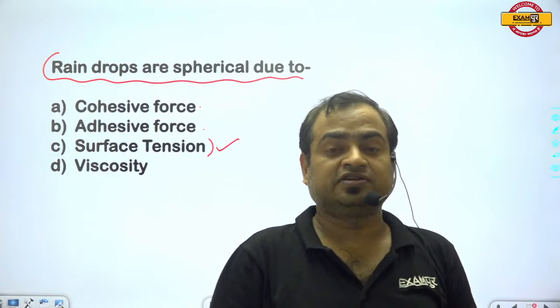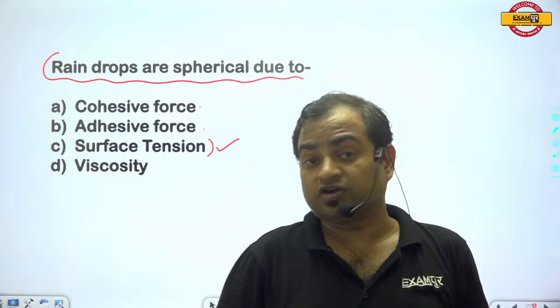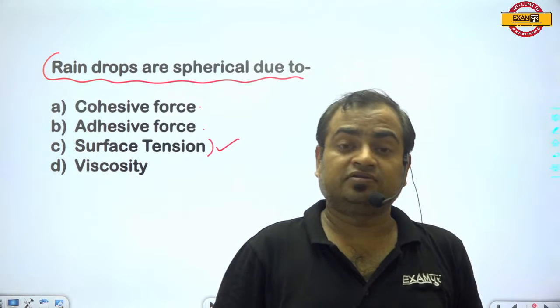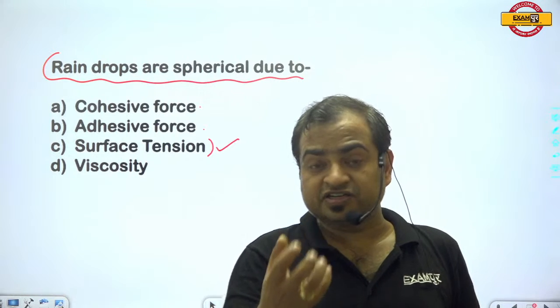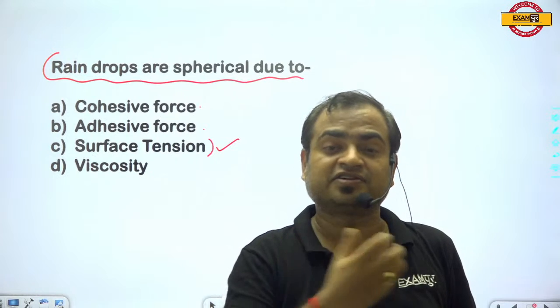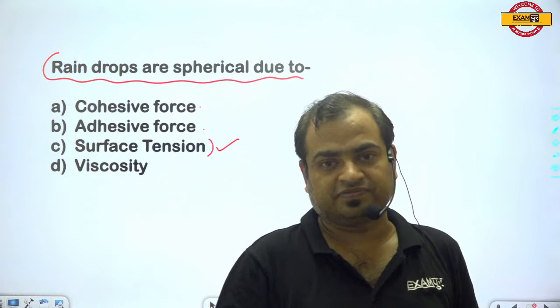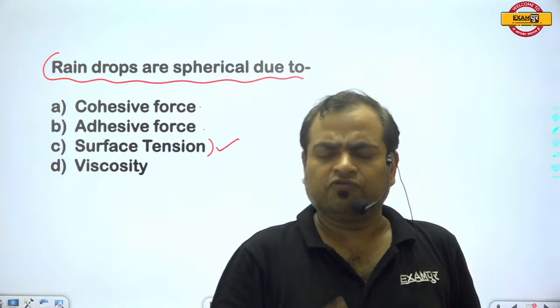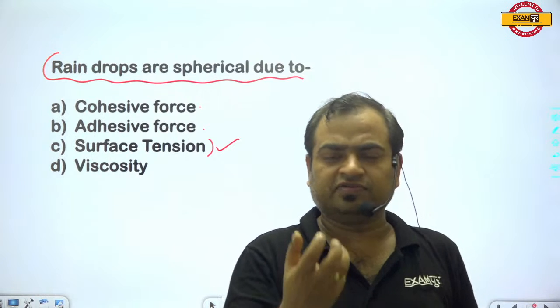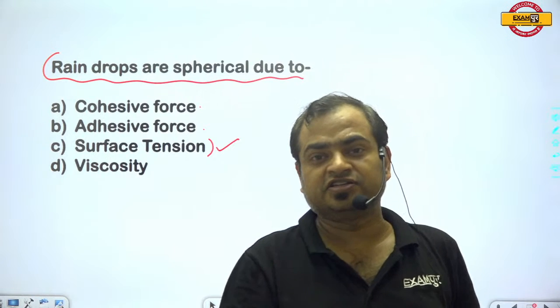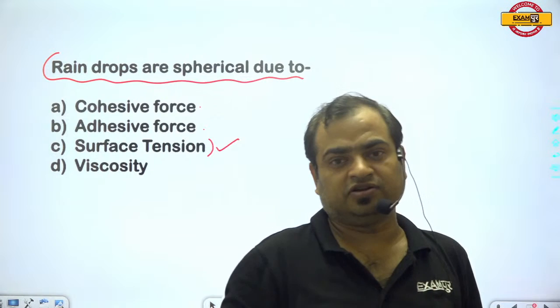In mathematics, it has already been proven that the minimum surface area is acquired by the spherical surface only. For the given volume, the minimum surface area is acquired by the sphere only.